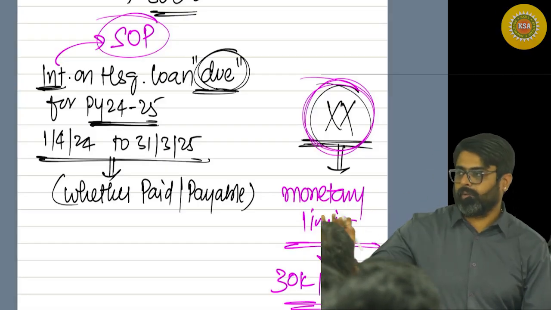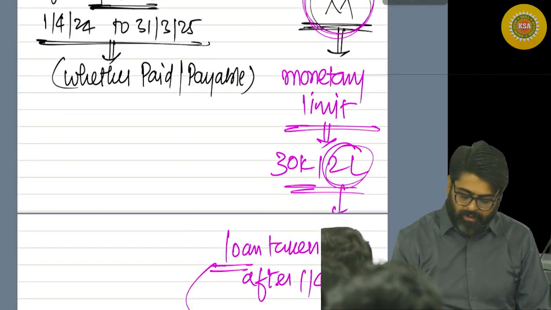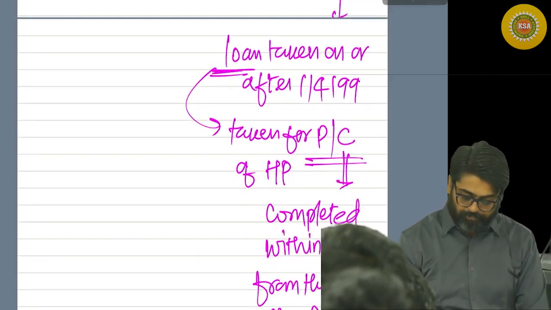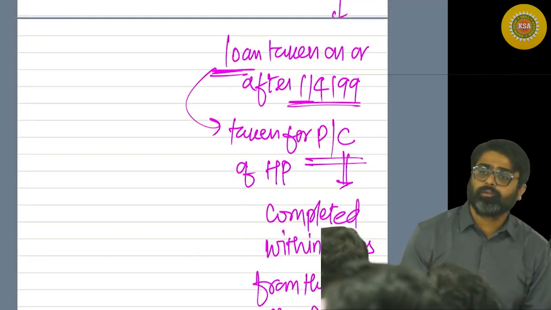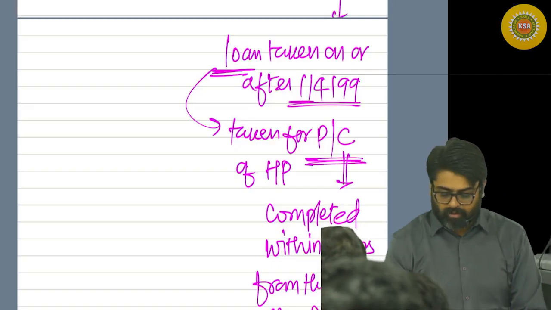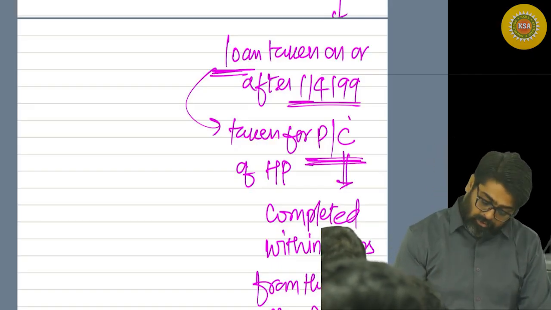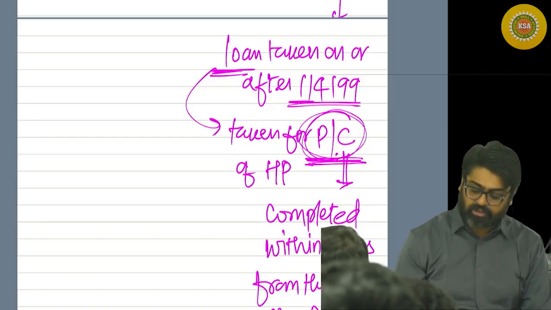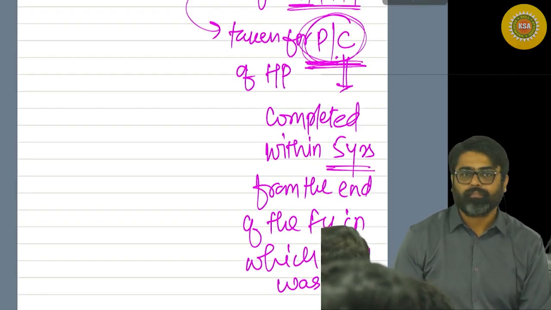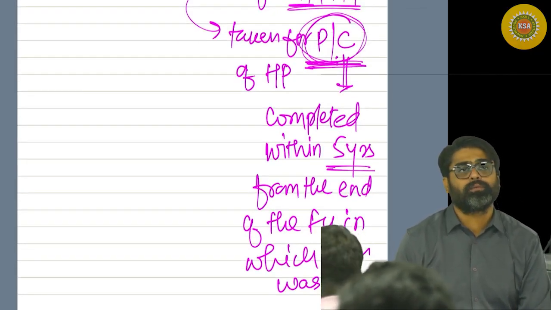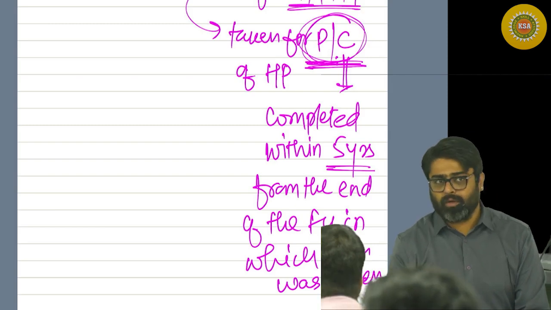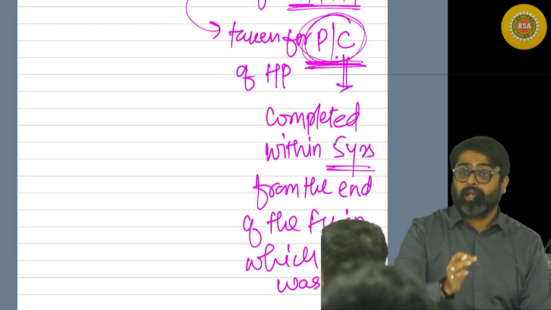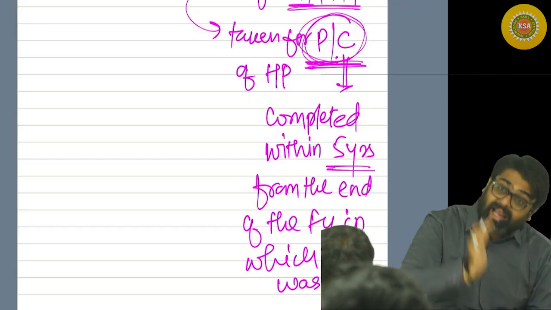Always the limit has to be 30,000, but sometimes the limit can be 2 lakhs. When will the limit be 2 lakhs? If the loan is taken on or after 1st April 99 for the purpose of purchase or construction, and this purchase or construction for which the loan was taken should get completed within 5 years from the date of taking the loan. No. The year in which the loan was taken, 5 years from the end of that year.